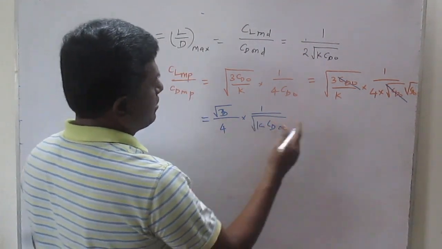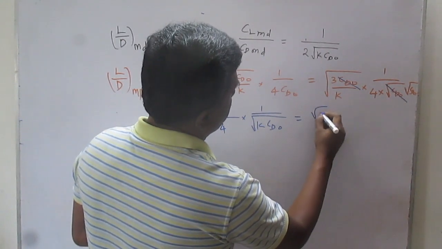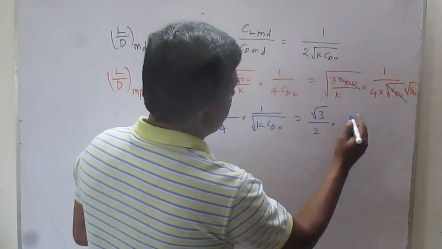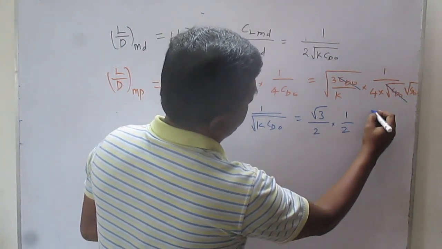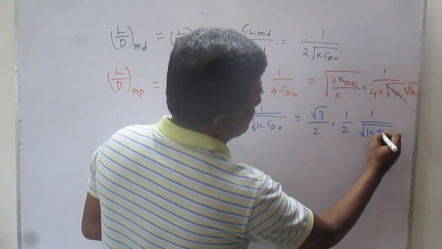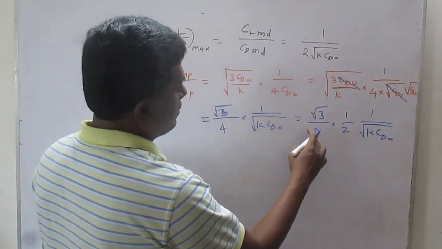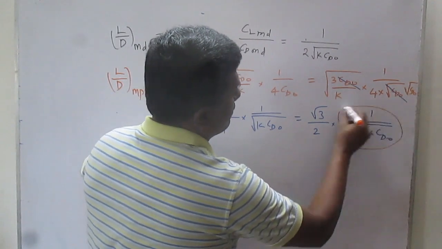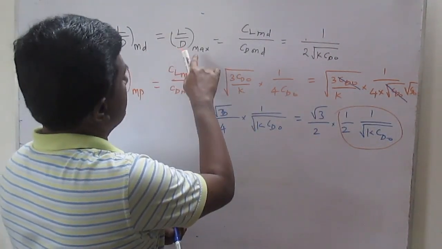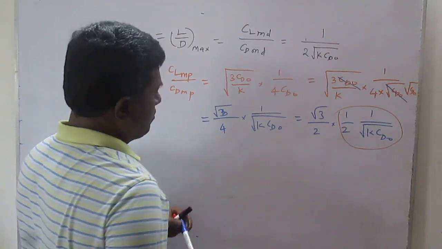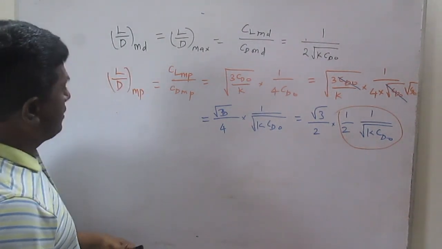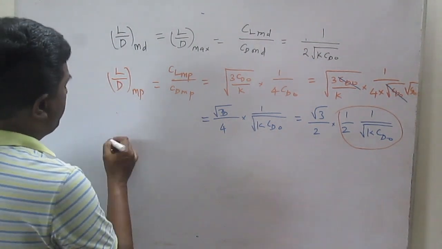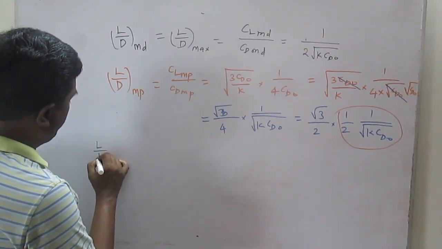So we can write CD naught root 3 by 2 into 1 by 2, 1 by K CD naught. This term is nothing but L by D max. So we can now write it like this.